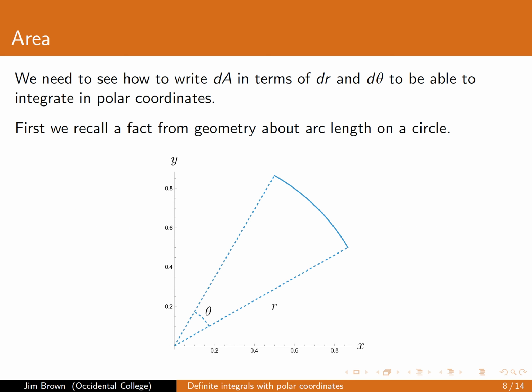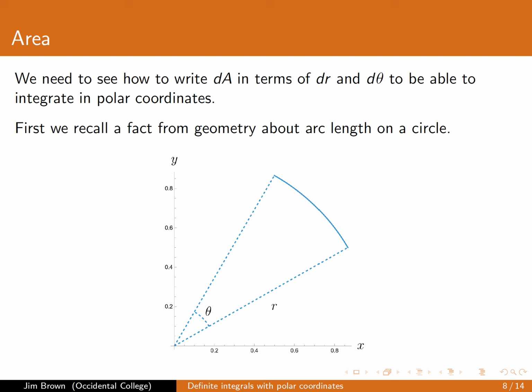Suppose I have a circle out here at radius r, and we just take a part of the circle that corresponds to a little angle theta. We might ask, what is the length of this arc on the circle?